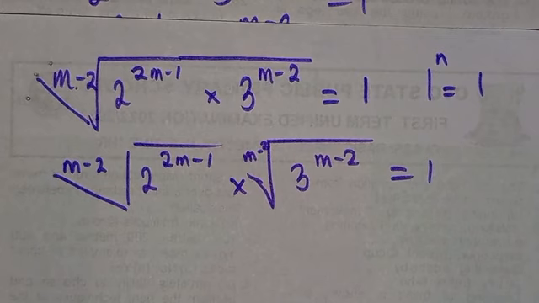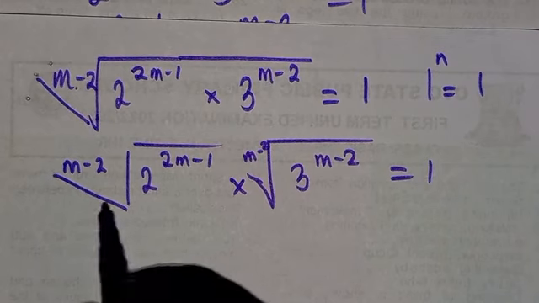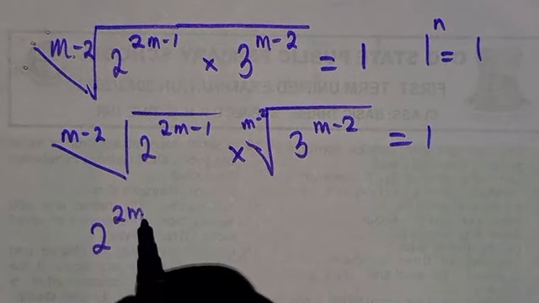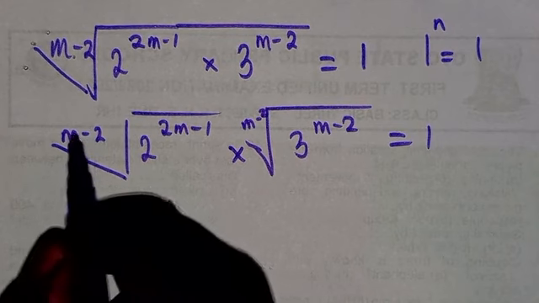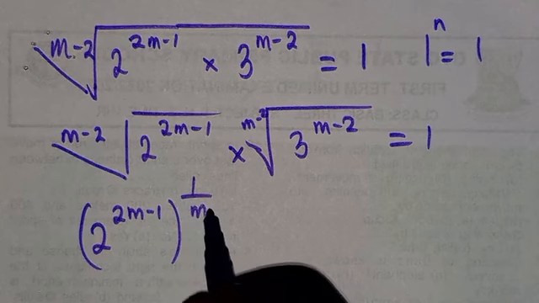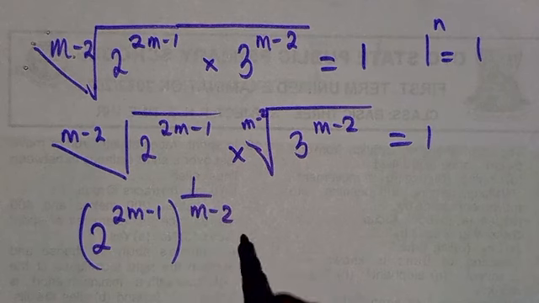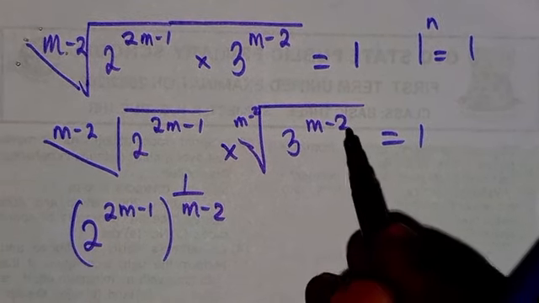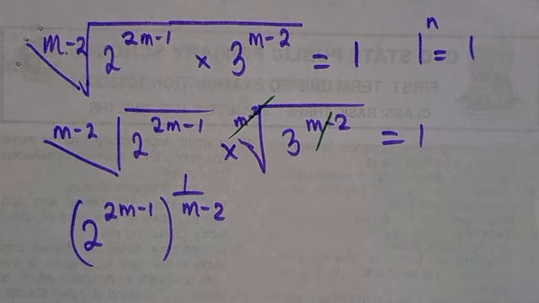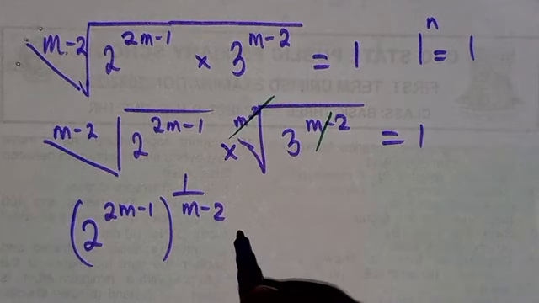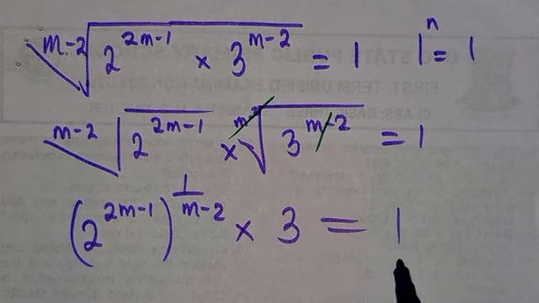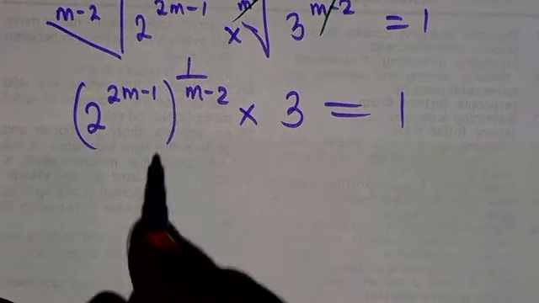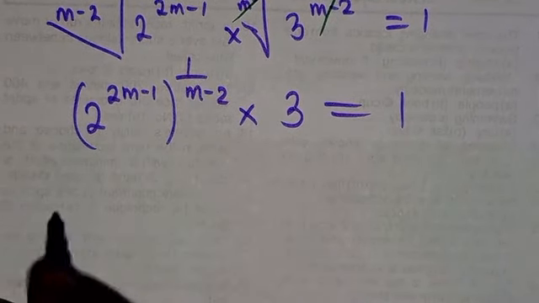So now you can see that we can rewrite this as 2 to the power 2m minus 1, raised to the power 1 over m minus 2. Then this and this will be cancelled out because it's the same thing. So we're going to have multiplied by 3 equals 1. From the law of indices, this power will multiply the power outside.